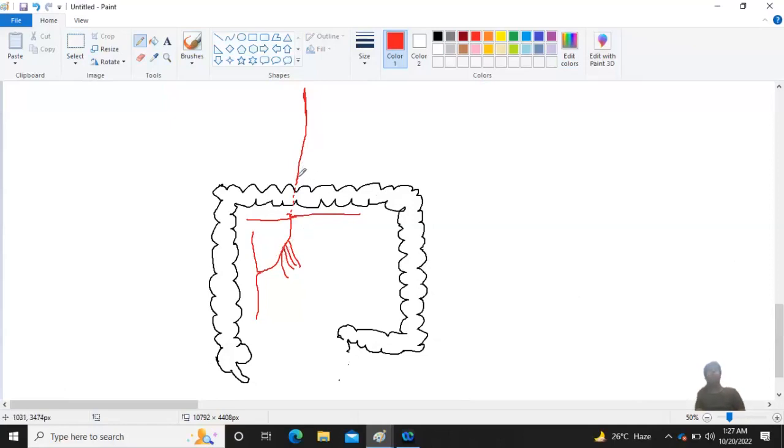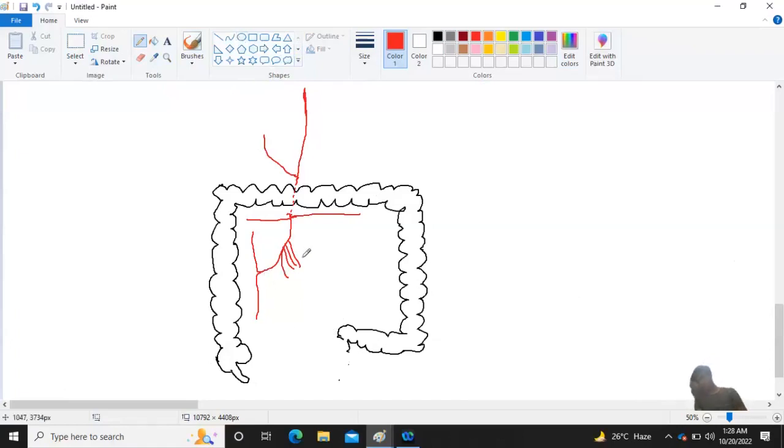One branch is also given above, the inferior pancreatoduodenal artery, which divides into anterior and posterior branches, which anastomose with the superior anterior and posterior pancreatoduodenal arteries.